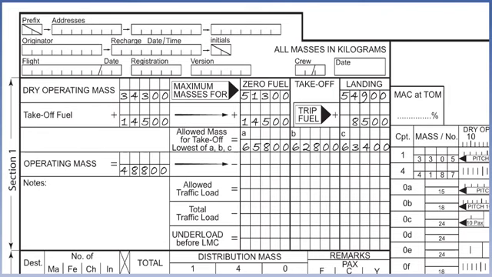Transfer the 48,800 kilograms in the direction of the arrow to the column under B, 62,800 kilograms. To find the maximum allowed traffic load, we must subtract the operating mass, 48,800 kilograms, from the value at B, the limiting takeoff mass, 62,800 kilograms, which equates to 14,000 kilograms.